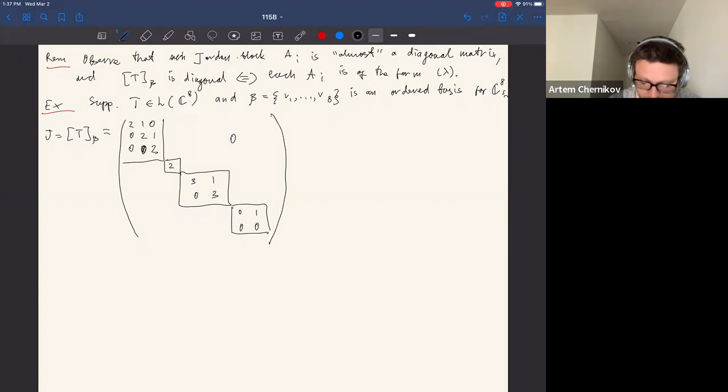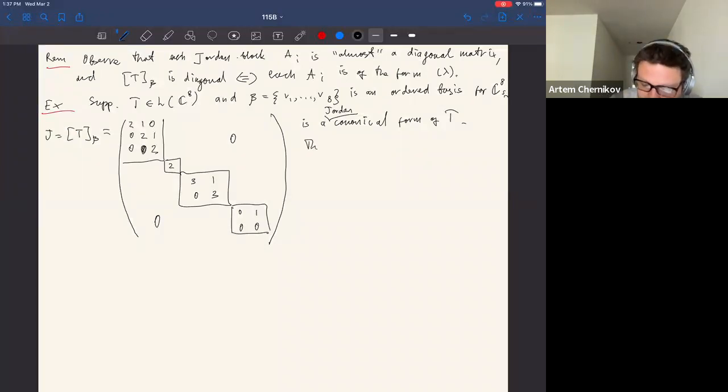And we have zeros everywhere else. So assume that this is the Jordan canonical form of T. Sometimes I might omit saying Jordan, but it's better not to do it. So assume we're given an operator which has this matrix with respect to some fixed basis V1 through V8.